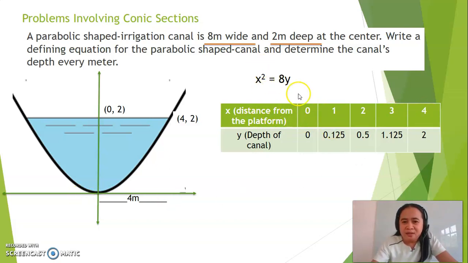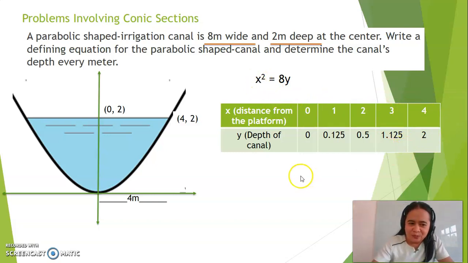If x is 0, y is 0. If x is 1, y is 1 over 8, or 0.125. If x is 2, that would be 4 divided by 8, that's 1/2 or 0.5. If x is 3, 3 squared is 9 over 8, so y would be 1.125. And if x is 4, 16 divided by 8, we end up with 2.